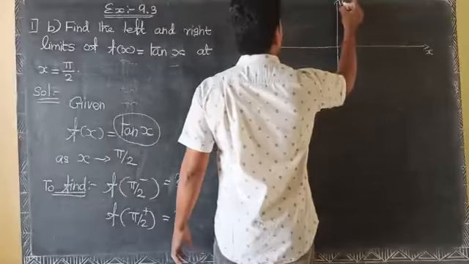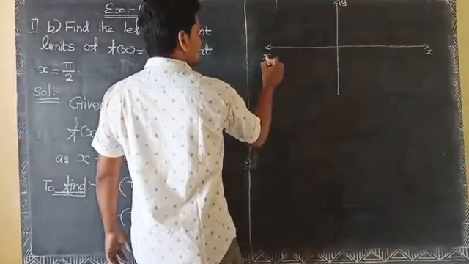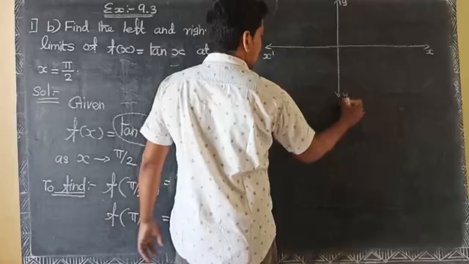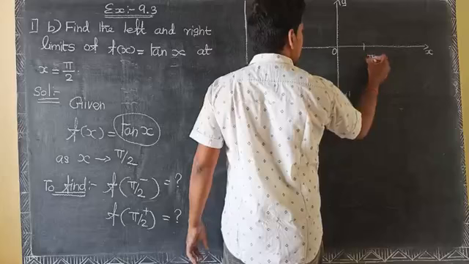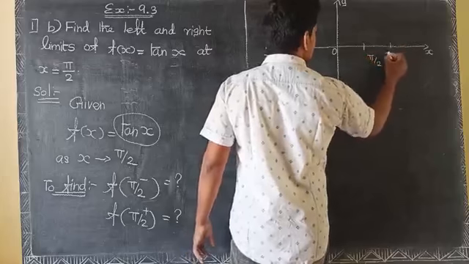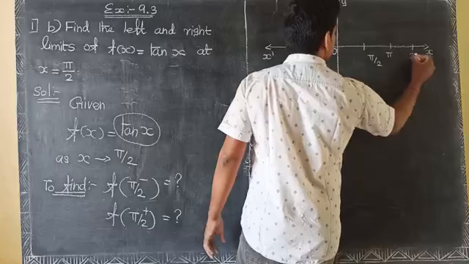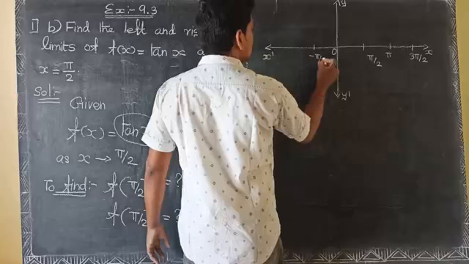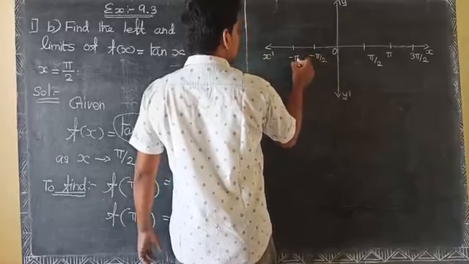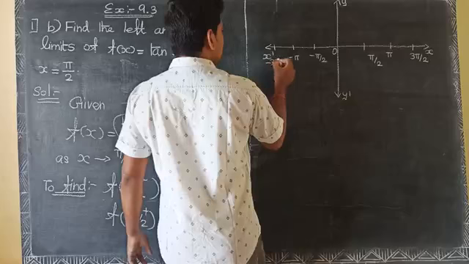Here are the x, y, x dash, y dash axes, and this is the origin. Here this is pi by 2, this is 3 pi by 2. On the left hand side, minus pi by 2, minus pi, minus 3 pi by 2.